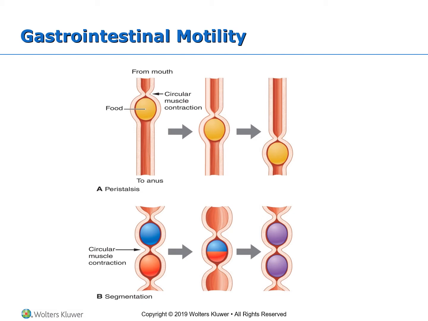This is called segmentation. A combination of peristalsis and segmentation will both produce the fragmentation of the food, allow for digestion and absorption, and also move this bolus, because right now the food is called the bolus, throughout the whole length of the digestive tract.